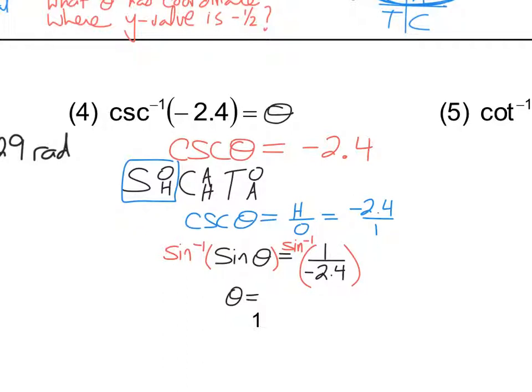I'm going back and forth on purpose just so you get used to it. Inverse sine, sine with that -1 power, and arc sine, I mean the exact same thing. So I'm going to write it as arc sine of 1 over -2.4. And this is going to lead us to a shortcut.